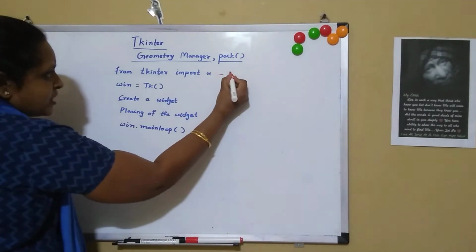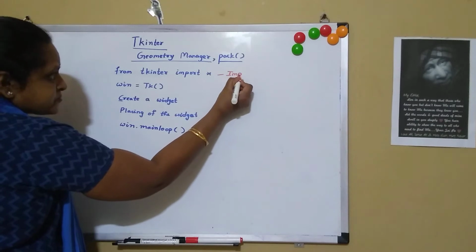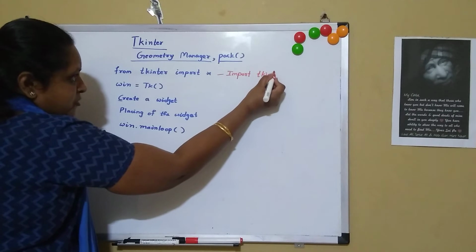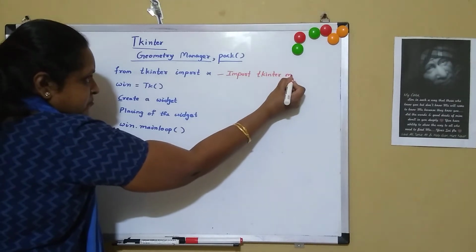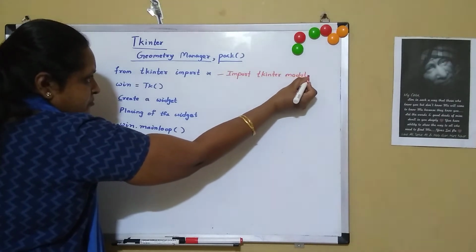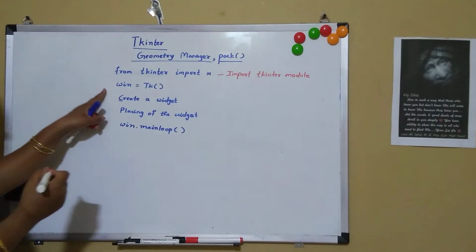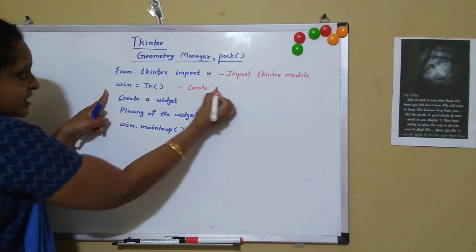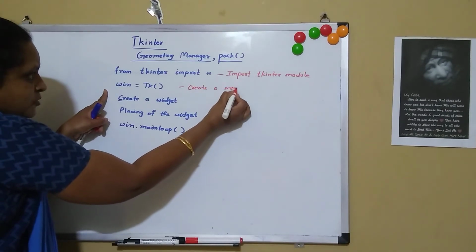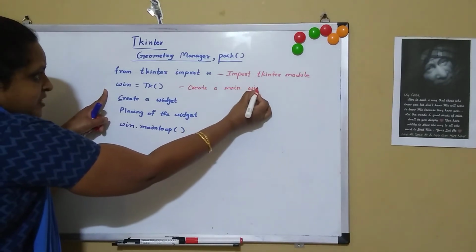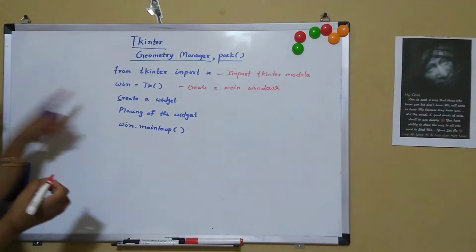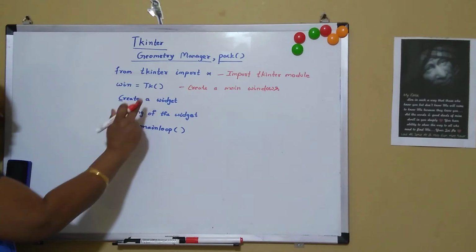Firstly, we have to import the Tkinter module. Secondly, we have to create a main window in which we can place our widgets. Thirdly, we have to create a widget.